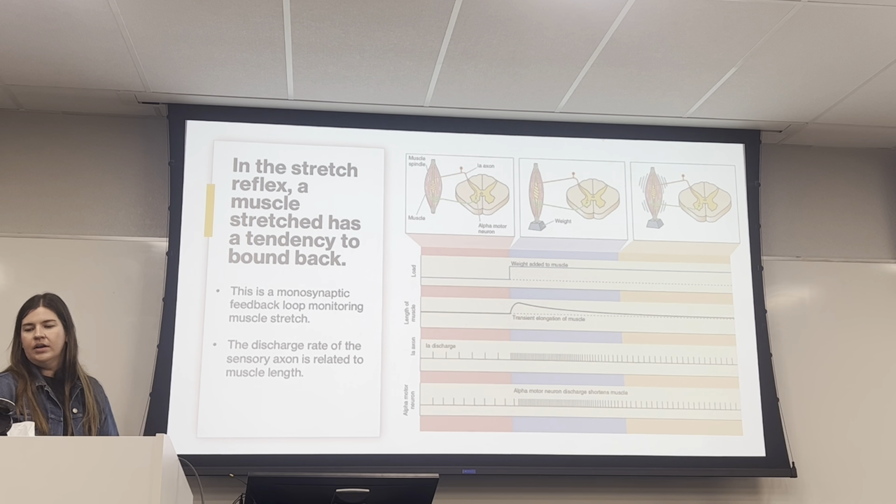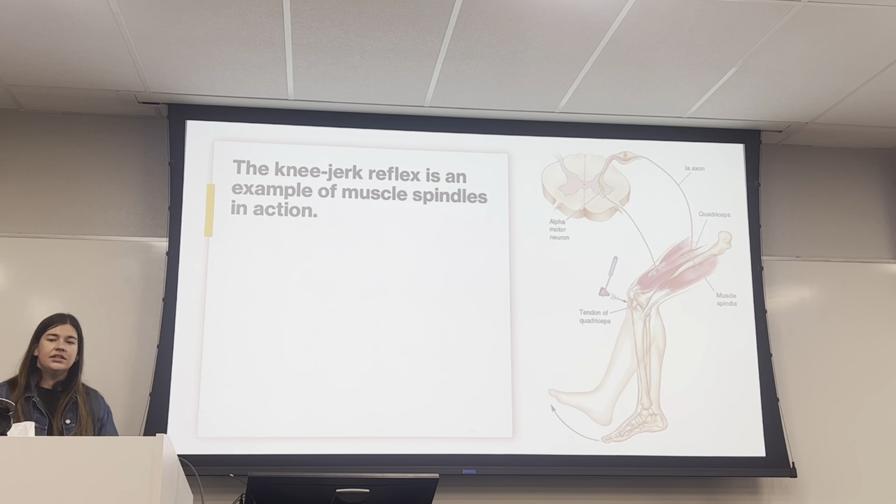Yeah. All right, so an example of this is the knee jerk reflex. You've probably all had the experience of going to the doctor and they're hitting your knees and you're like, what are you doing? Well, they're actually testing to see that these motor neuron circuits are active and working correctly. There are all sorts of different reflexes. This is the patellar reflex.